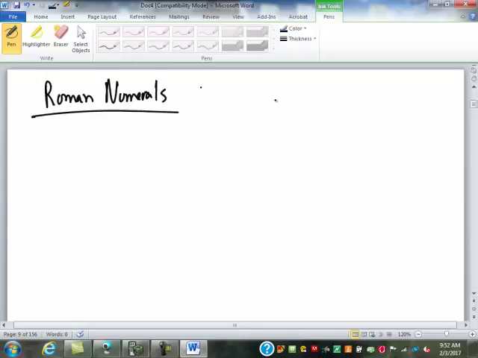Roman numerals are still used quite a bit for copyrights. If you look inside a book, you'll see copyright, and it'll have a Roman numeral. It actually gives you the copyright date in a lot of them. Some of our medications are still prescribed in Roman numerals, especially if you prescribe a medication in grains. They'll a lot of times do it in Roman numerals.